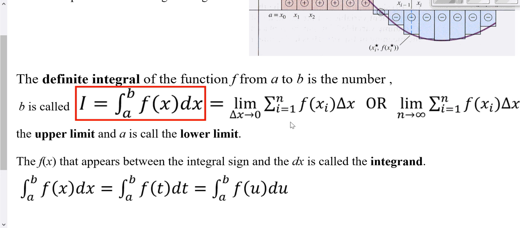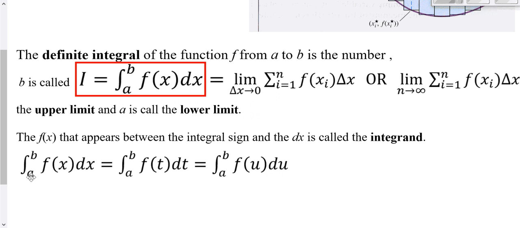We looked at the limit process yesterday. Now, there's two ways to look at this. We looked at it as the number of rectangles going off towards infinity. You could look at the number or the width of your rectangle going towards 0. So it can be done either way.